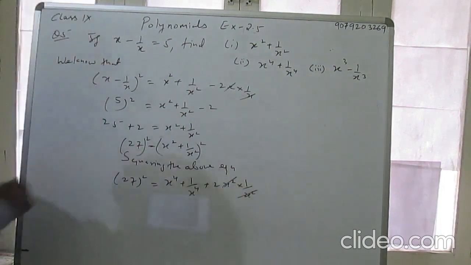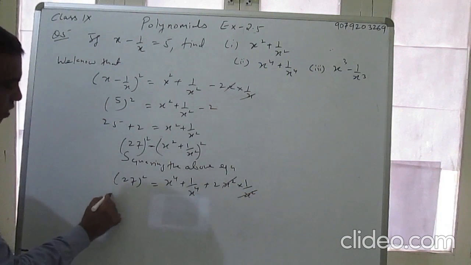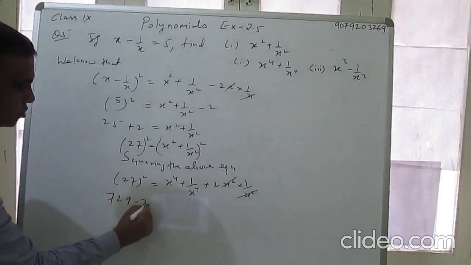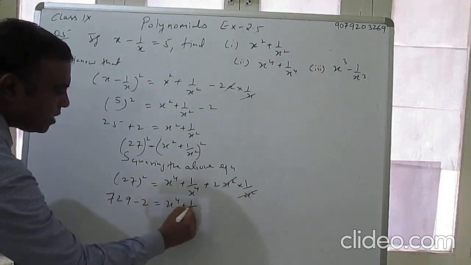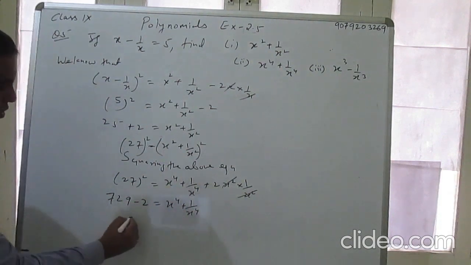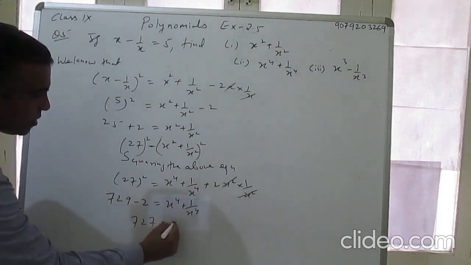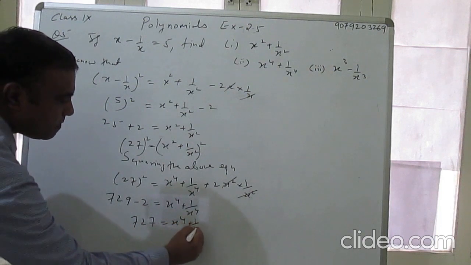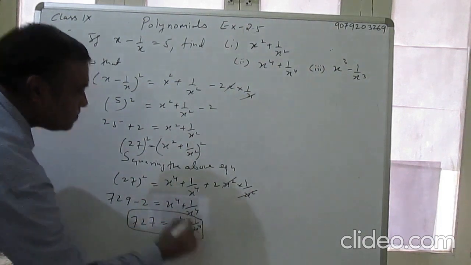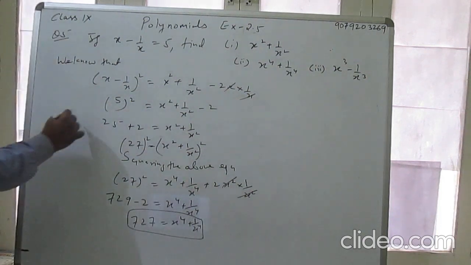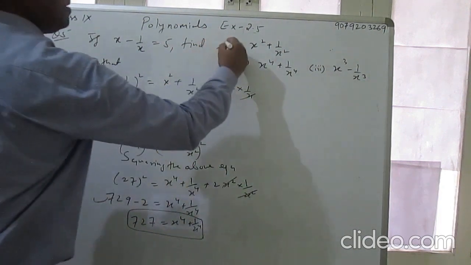So this will cancel out. The square of 27 is 729 minus 2 is equal to x4 plus 1 upon x4. 727 is equal to x4 plus 1 upon x4. So this is the answer. Okay, this is the first part, this is the second part.